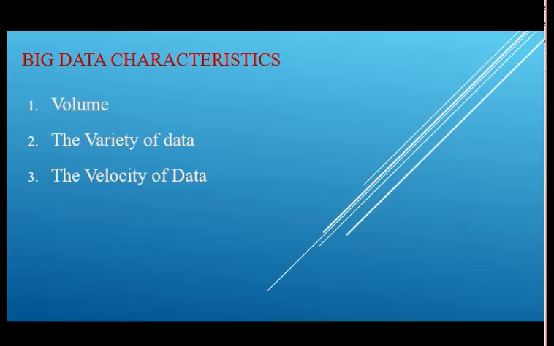We suggest you apply this definition to data in motion, the speed at which data is flowing. So this is the velocity, data in motion, the speed of data, measured to store as well as to retrieve. Good. The fourth one is veracity.